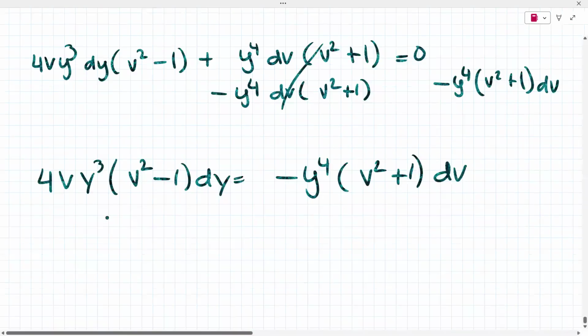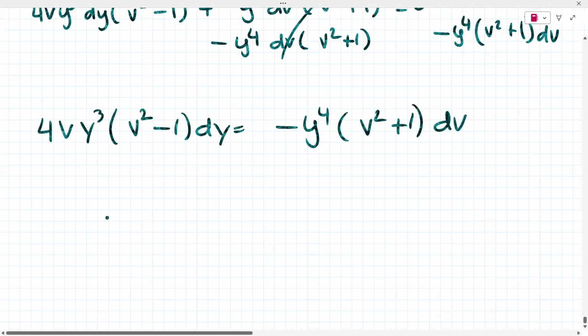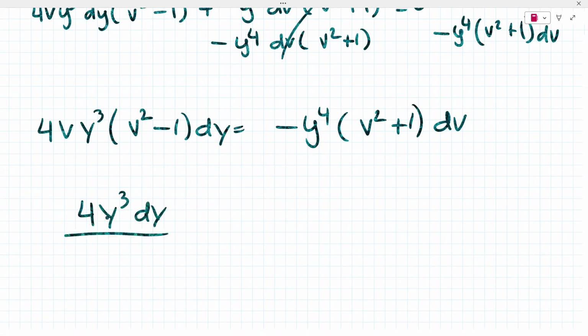Then you would cross multiply and you should get 4y cubed dy over y4 equals negative (v squared plus 1) dv over v.